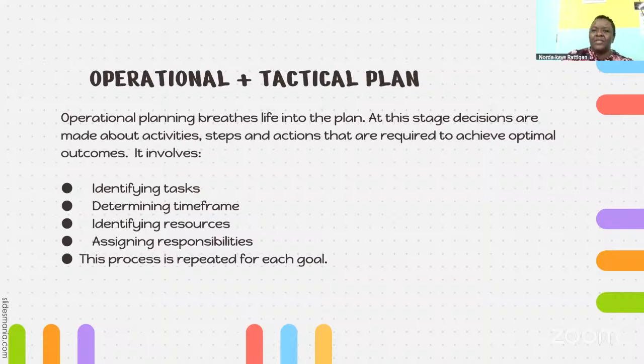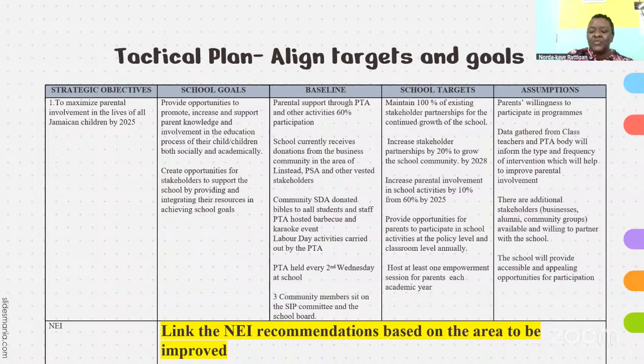You're going to think about the targets you're going to set to meet these goals, the tasks you're going to complete to meet these targets, the activities, who is going to monitor this. You're going to identify resources that you need, who is going to be responsible for each of these parts of these projects, and the process is repeated for each goal. This is what your tactical plan looks like. And as I said before, these are standardized documents.